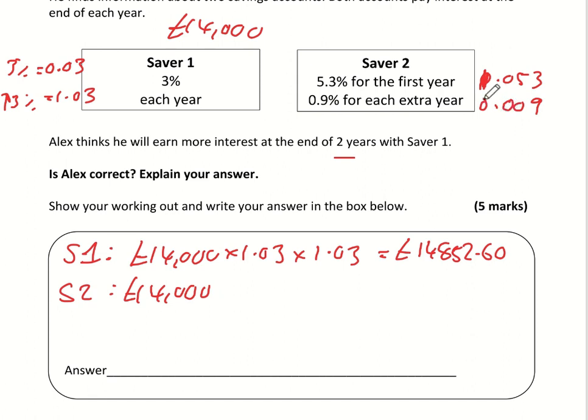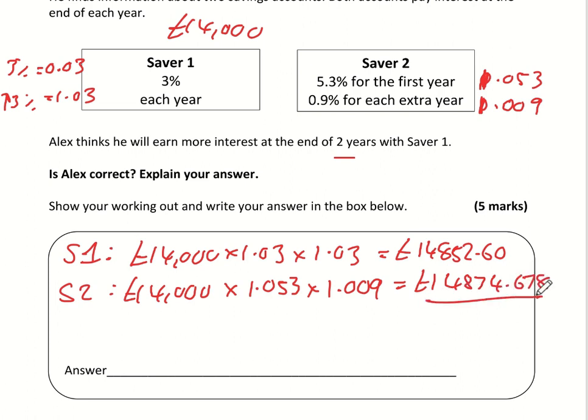So to increase, it's going to be 1.009. So 14,000 times 1.053 times 1.009, and that comes to 14874.678. So we can see that this is greater than this amount here, so therefore the answer is Saver 2.